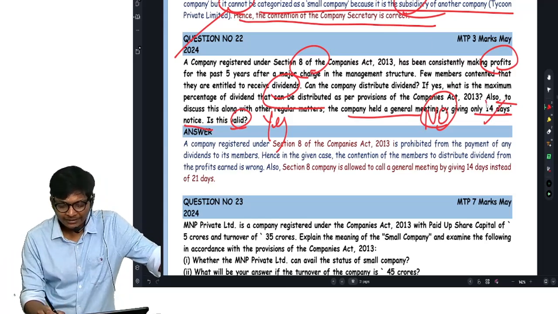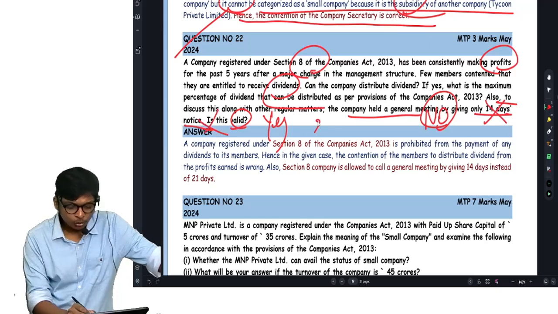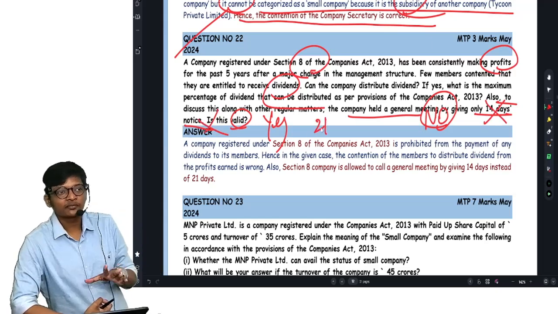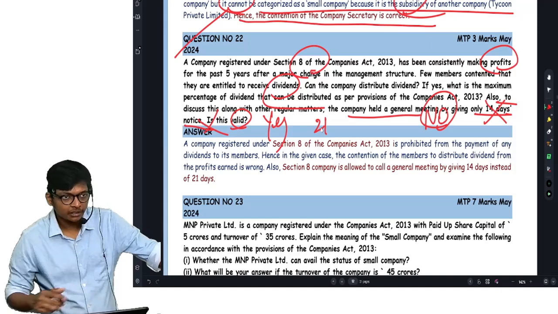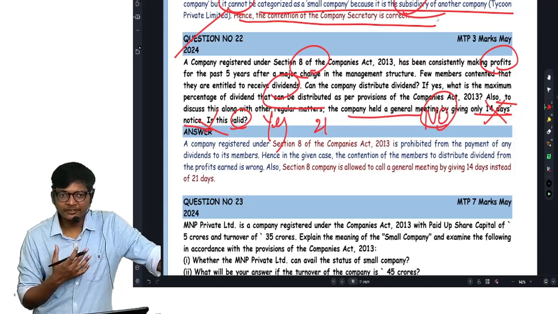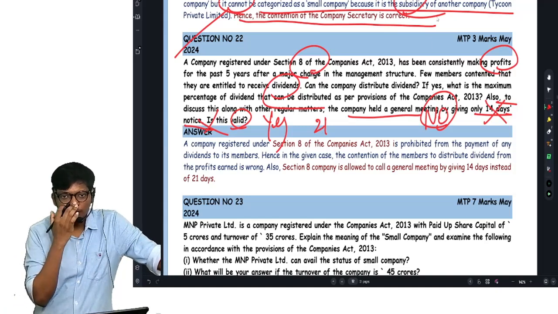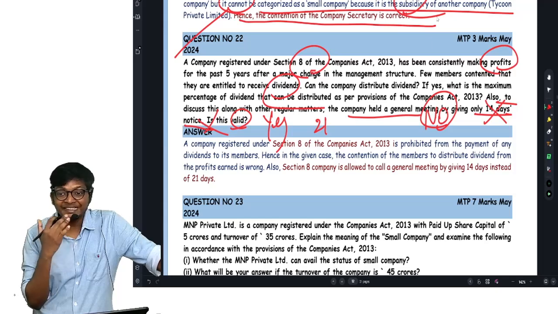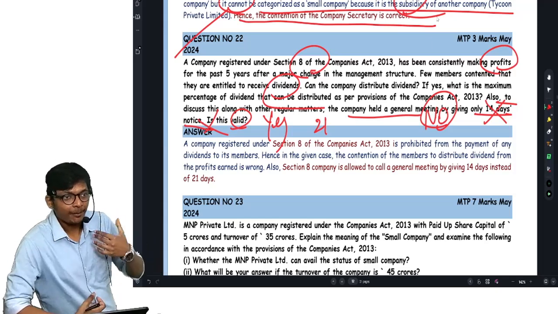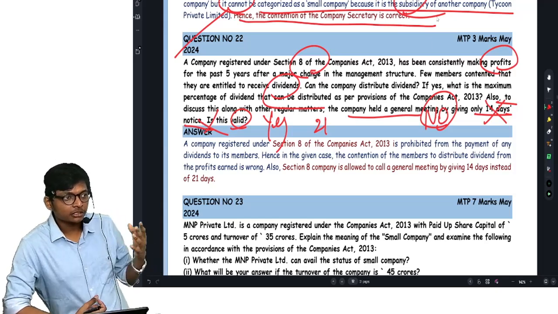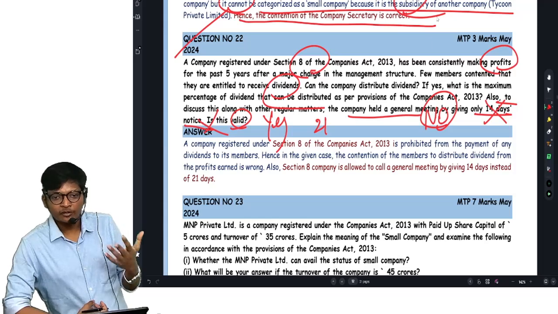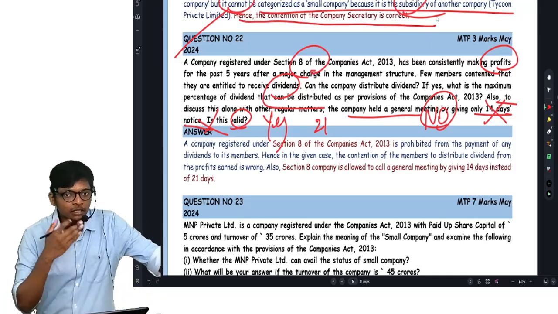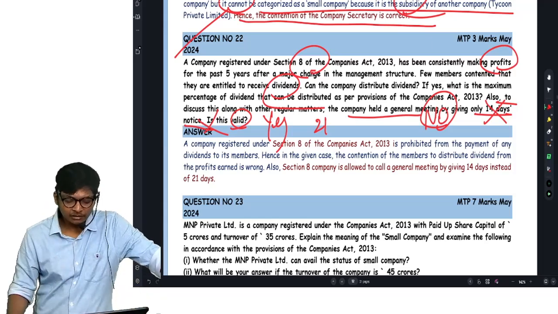But according to me, it is not needed in the syllabus, because on the 21 days, then what is 14 days? Okay, fine. But it's there in the syllabus, we will learn. In Inter you will learn 21 days notice before a company AGM. AGM is like a parent-teacher meet, calling all the students, all the members will come for a meeting. In that meeting, if I am calling, I should give you 21 days notice.